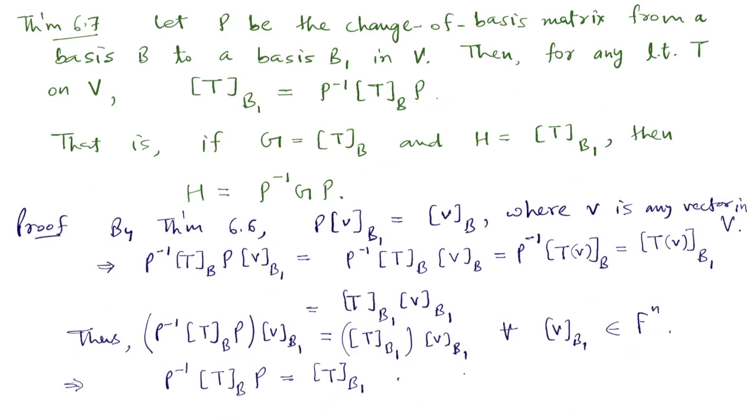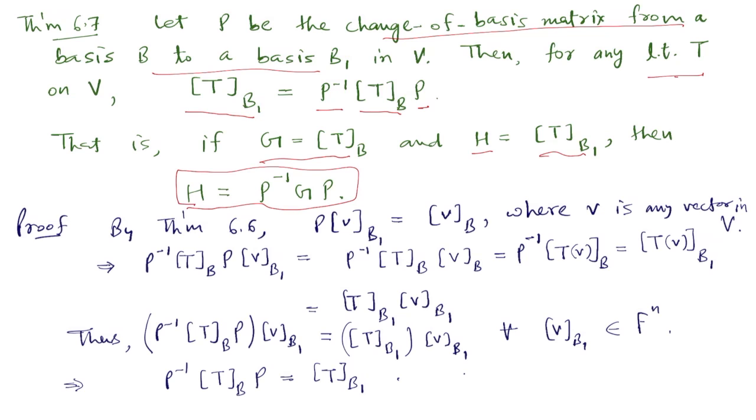The second result is that if P is the change of basis matrix from a basis B to B1, then for any linear transformation T, the matrix of T with respect to the new basis B1 is equal to P inverse TB P. That is, if G is the matrix with respect to the old basis and H is with respect to the new basis, then H is given by P inverse G P. By the theorem we have just proved, P VB1 is equal to VB, where V is any vector in the vector space.